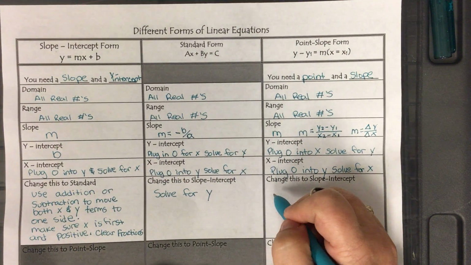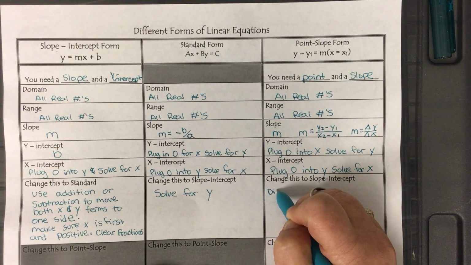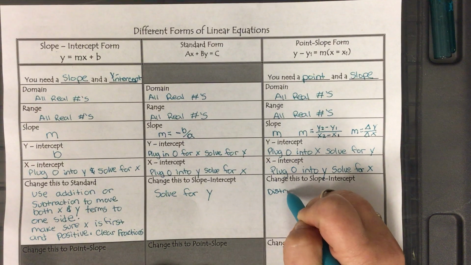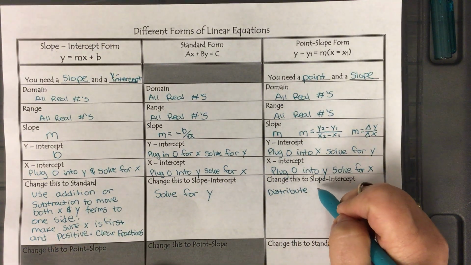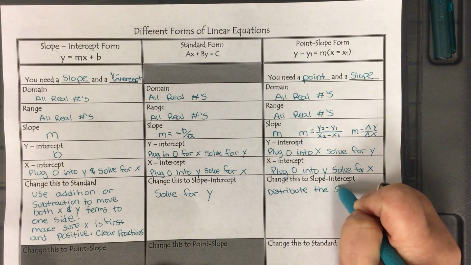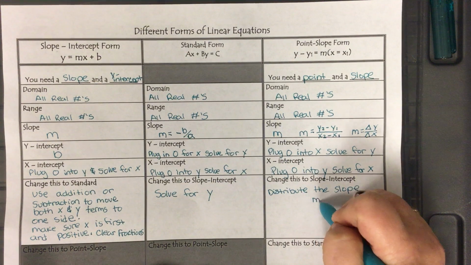To change to slope-intercept form, so if you have it this way and you need to change to slope-intercept form, the first thing you're going to do is distribute the slope. And if you remember how to do that, you would take the m.